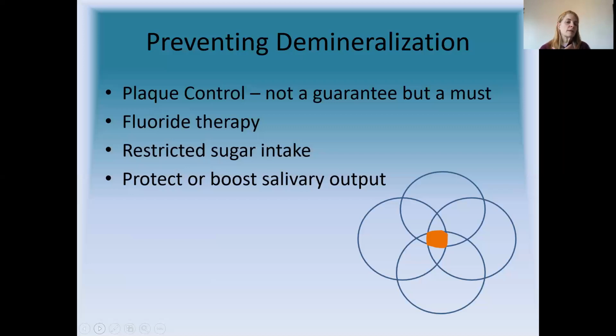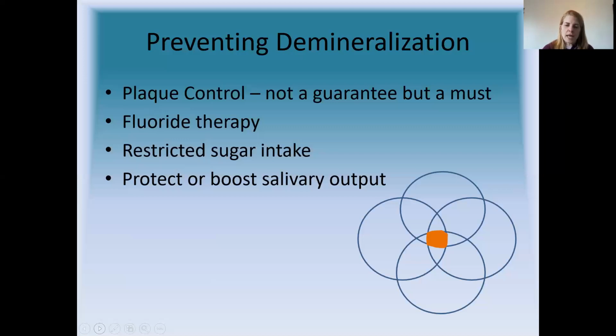How about if you just get them to spit out all the toothpaste, as much as they can, and then the fluoride that is left with the toothpaste residue would sit in between the teeth or on the teeth and keep that remineralization process going a little bit better. Maybe they rinse out and then they rinse with a fluoride rinse. Maybe they do fluoride trays where they put fluoride in for a certain amount of time and then they don't eat or drink. That's something we can do with a patient at home.